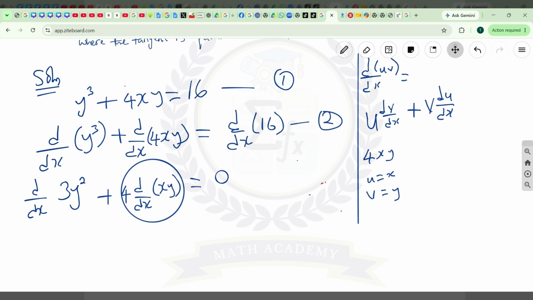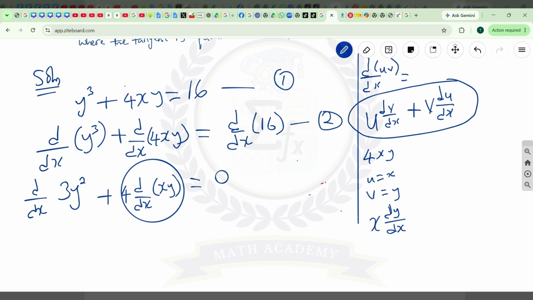So we're going to substitute this into the formula. u is equal to x, and dv/dx simply means I should differentiate v with respect to x, but v is y, so it's going to be dy with respect to x.